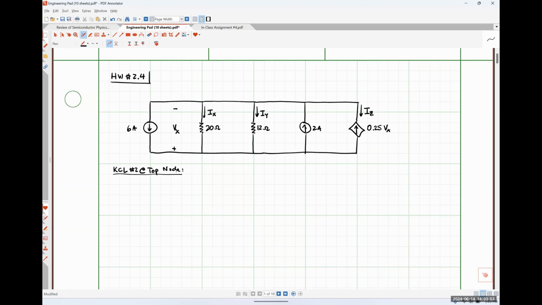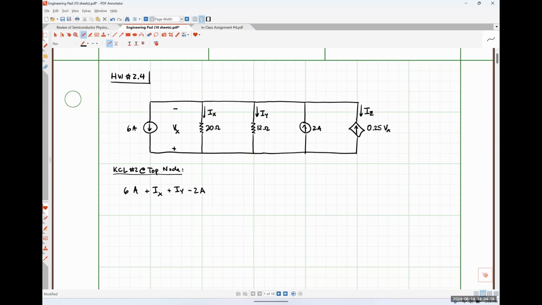And so if I apply KCL here, just going from left to right, I'm going to have 6 amps plus IX plus IY minus 2 amps. And here I have a choice.